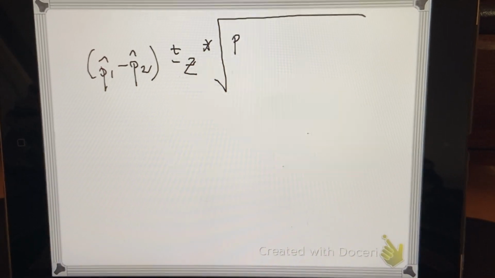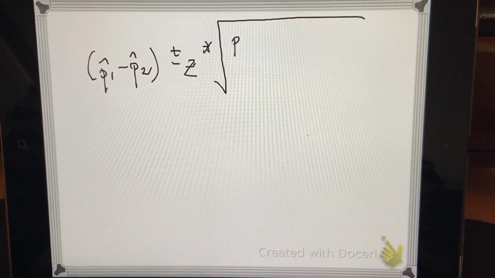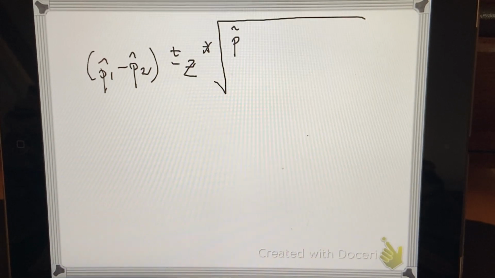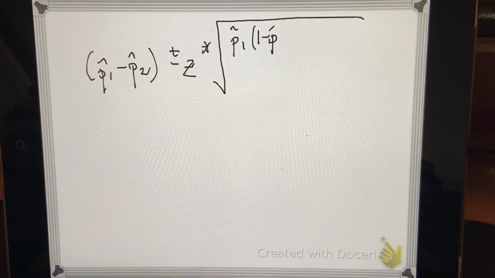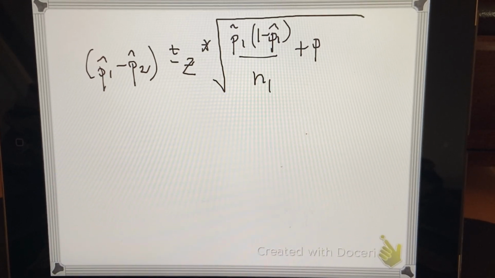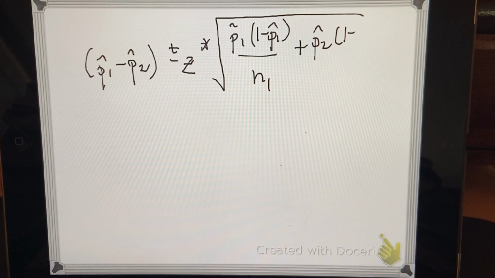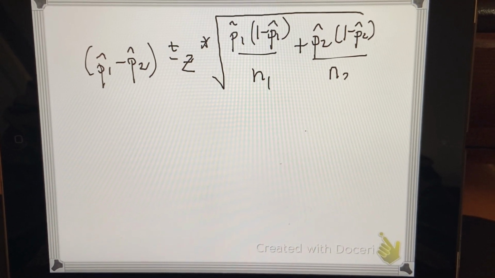And we're not using p-hat combined at all in a confidence interval. So this is p-hat 1 times 1 minus p-hat 1 all over n1, plus p-hat 2 times 1 minus p-hat 2 all over n2.